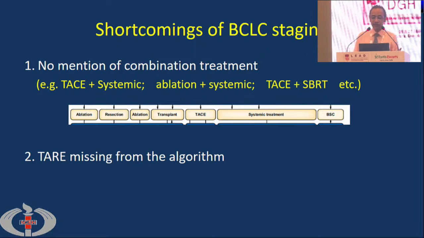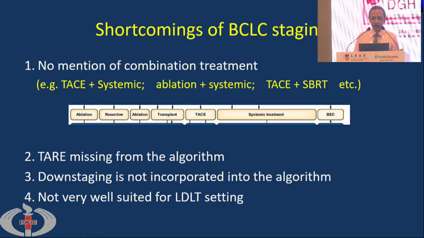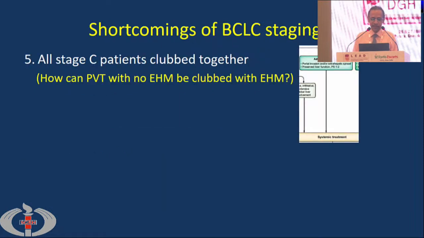TARE is missing from this algorithm, although there's a good role of TARE in the management. Downstaging is not incorporated in the algorithm of the BCLC staging, and BCLC is not very well suited for LDLT patients. It is much more suited for the DDLT setting.